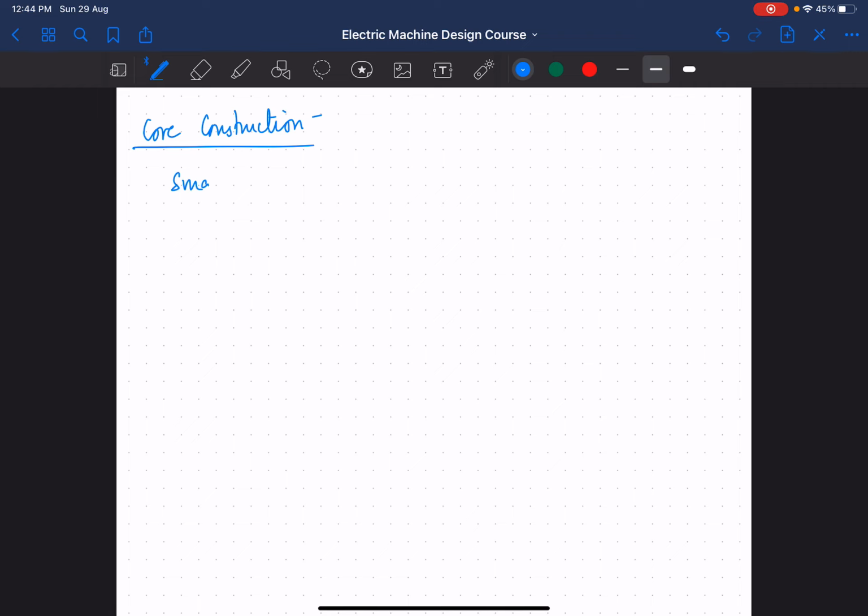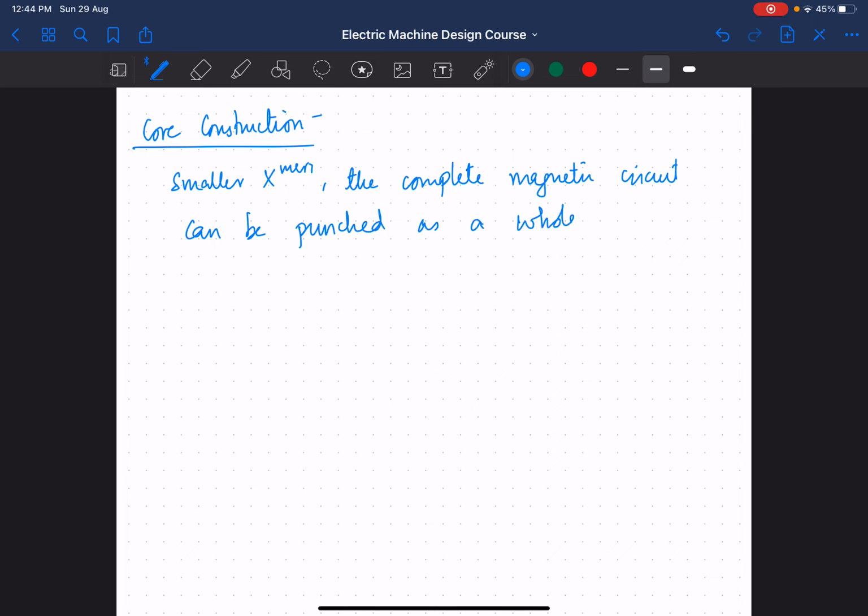For smaller transformers, the complete magnetic circuit can be punched as a whole, but this process would lead to wastage of steel. Also, winding on this transformer, if it's made as a whole, would be difficult.